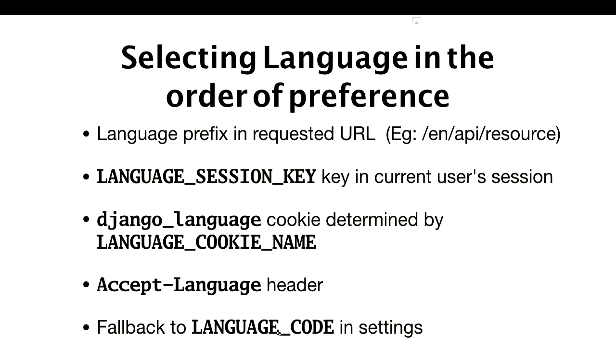Failing that, it looks for the language session key in the current user session. Failing that, it looks for a cookie. The name of the cookie used is set by the LANGUAGE_COOKIE_NAME setting. The default name for this key is django_language. Failing that, it looks for the Accept-Language HTTP header. This header is sent by your browser and tells the server which language or languages you prefer in order of priority. Django tries each language in the header until it finds one with available translations.